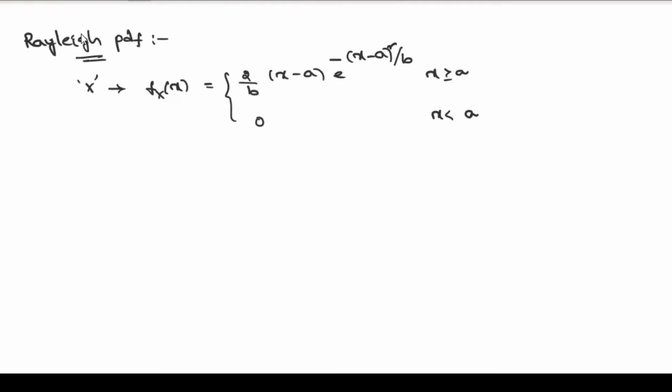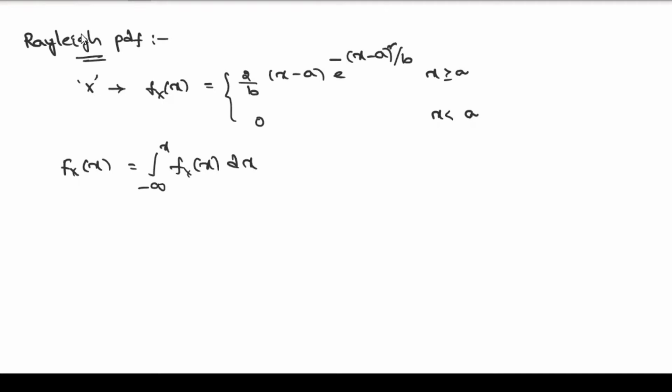Now how to calculate the distribution function? As in the previous cases, the distribution function and the density function are related by F_X(x) = integral from minus infinity to x of f_X(x) dx, but this given density function is valid only for x greater than or equal to a.